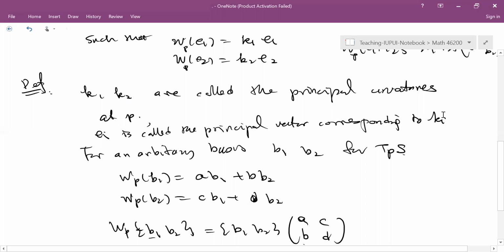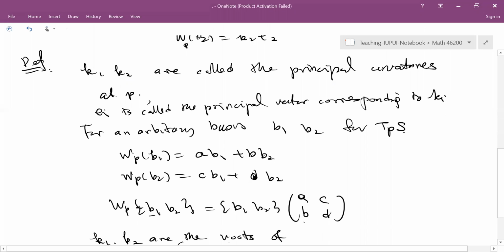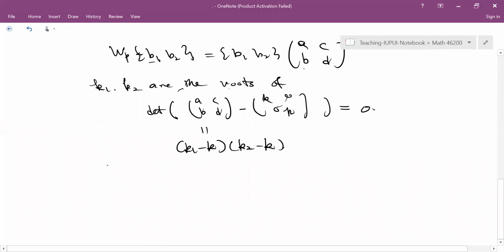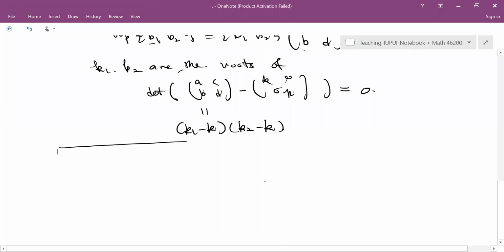So if you have to find principal vectors, you have to find eigenvectors.